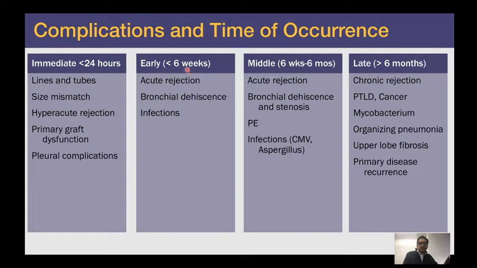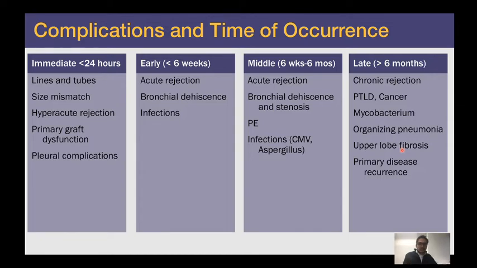But these later ones, like early, less than 6 weeks, and middle, there's a lot of overlap among these. So as you get later into the postoperative period, this early, middle, late becomes a little bit less useful, because there's so much overlap.